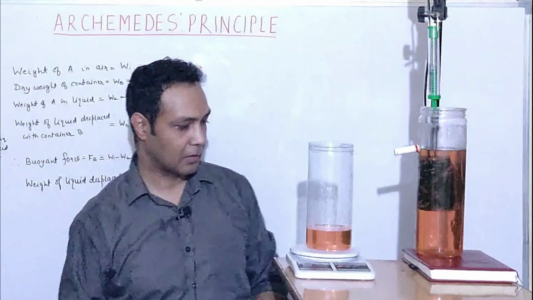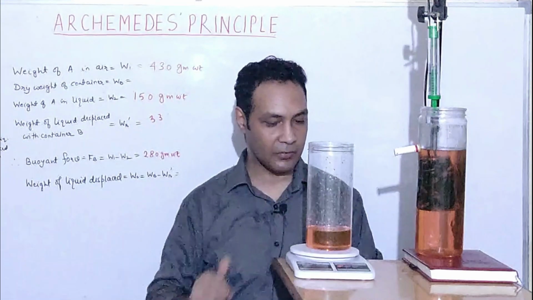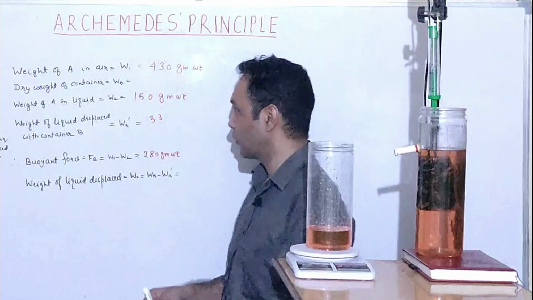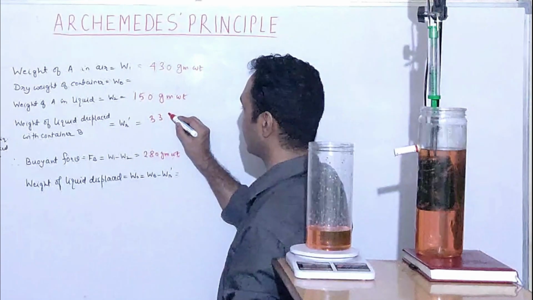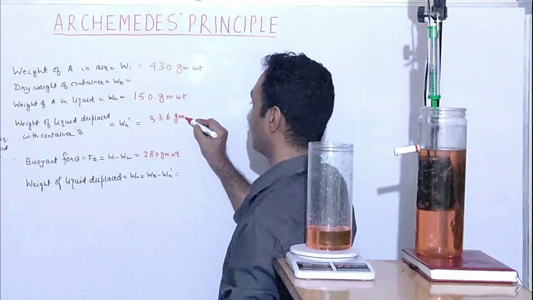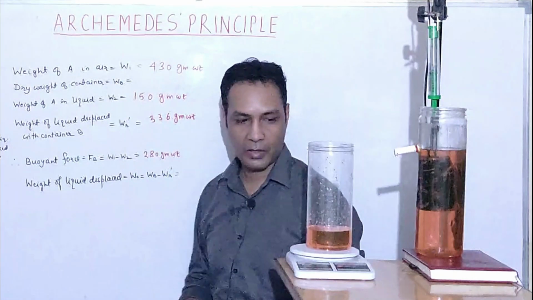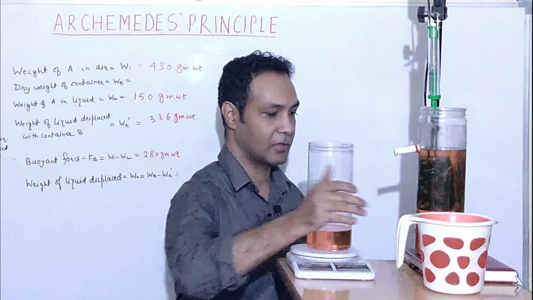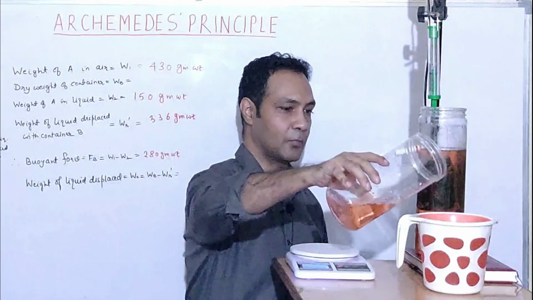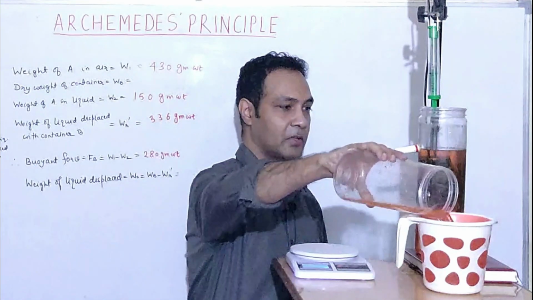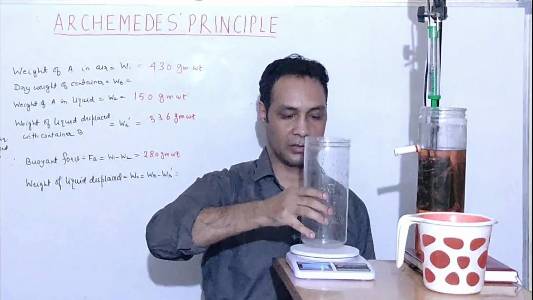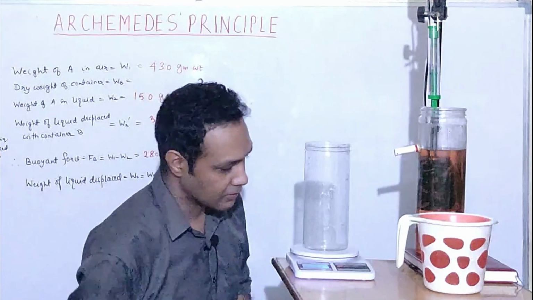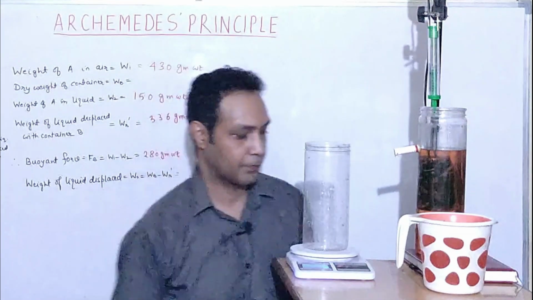I hadn't measured the dry weight, but I can measure it later. First of all, this is 336 gram weight, so I also need the dry weight of this container. I should have done that earlier, but no problem. I can put all the water back here, and the dry weight of this container is 61 gram weight.